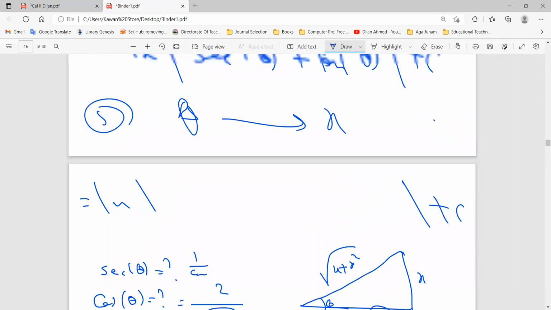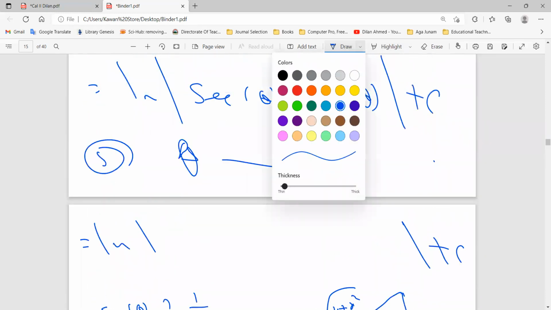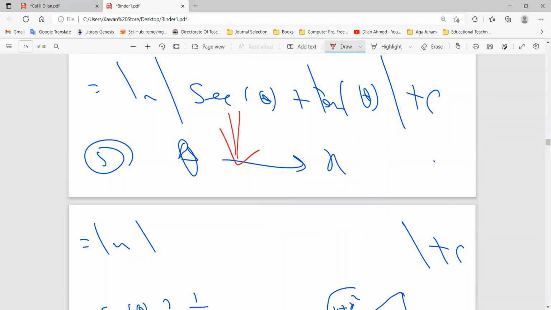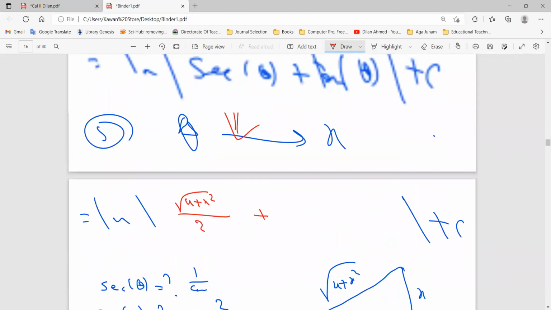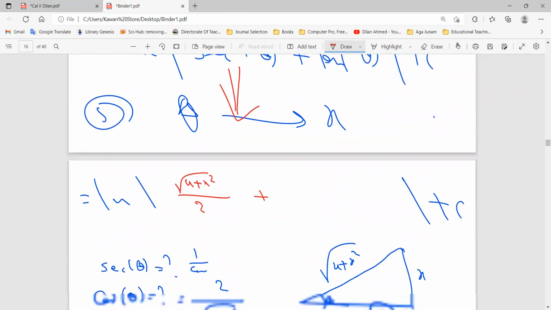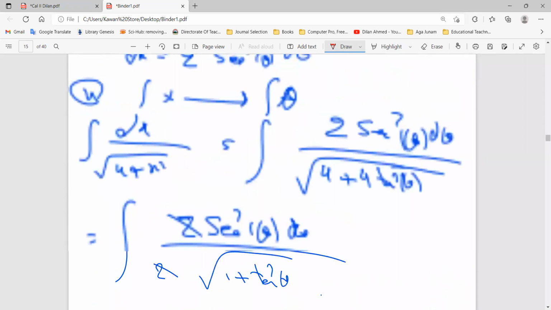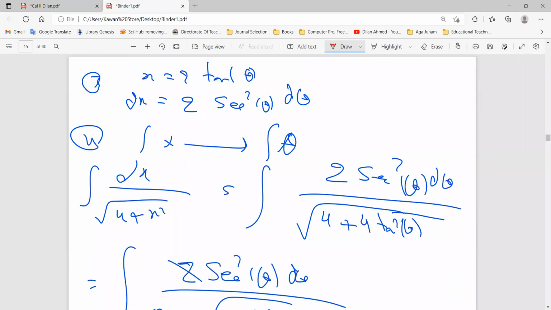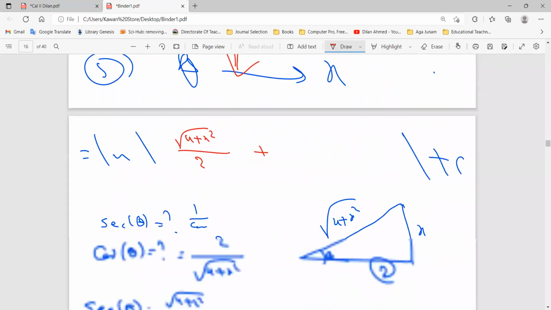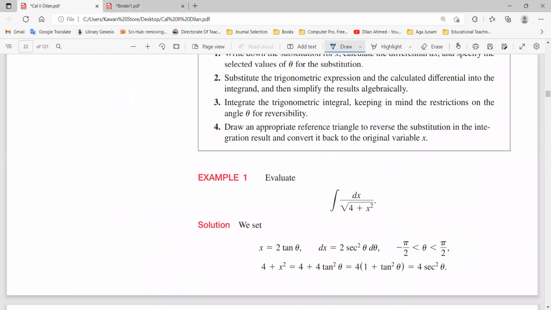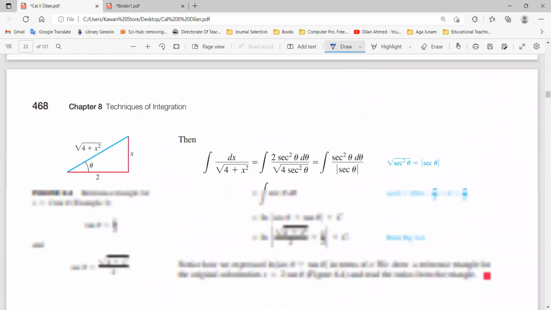Now here, secant of theta is equal to square root of 4 plus x squared over 2, plus tan of theta is equal to what? I know tan from the first step. So tan is equal to x over 2. Nothing to do, it's easy. You got it? It wasn't hard, but it needs work and work.